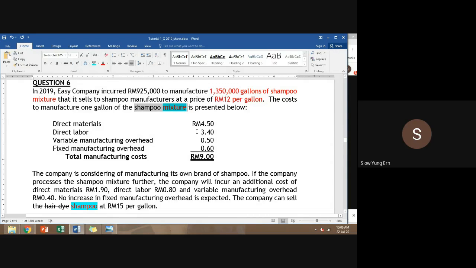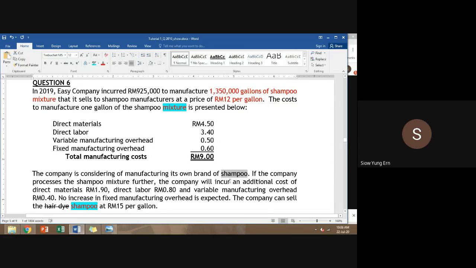shampoo mixture. So the company is considering to manufacture their own brand of shampoo. So now the company is thinking whether they should just sell shampoo mixture or should they process further to make shampoo. Okay, if they process further means they are going to sell shampoo.